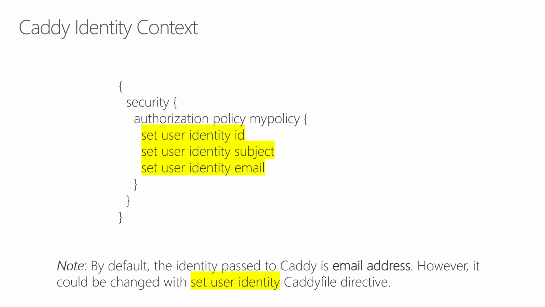So in here, this plugin crafts that and injects ID and some metadata in terms of subject and email. By default, the ID is an email address that Caddy finds. But it could be changed to the username, which is subject, or some other ID.